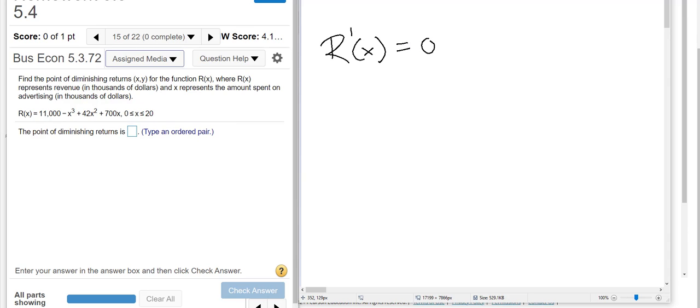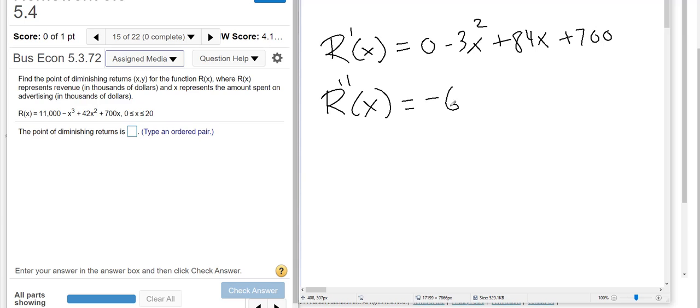So we've got 0 minus 3x squared plus 84x plus 700. That's our first derivative. Our second derivative is going to be minus 6x plus 84, because the derivative of that's going to be 0.